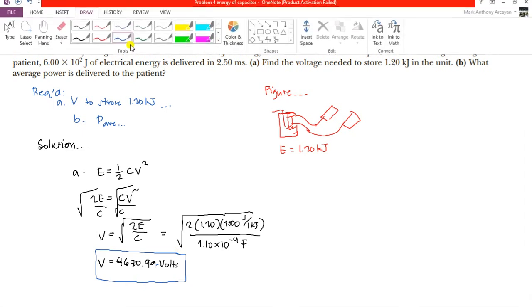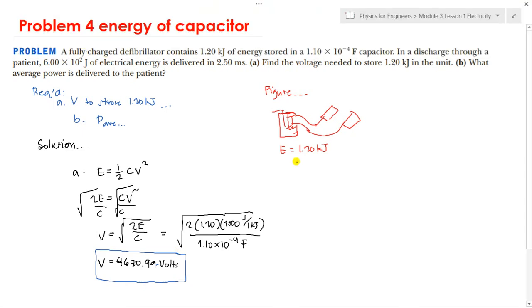And for letter B, the average power. So actually the average power is in watts man. Since ang na-deliver daw sa patient is 6 times 10 to the power of 2 joules, we have here 6 times 10 to the power of 2 joules divided by the time, which is 2.5 milliseconds, and 1000 milliseconds is 1 second.